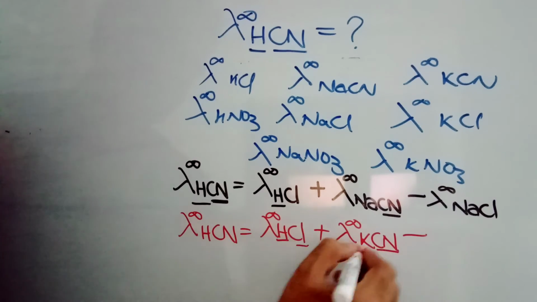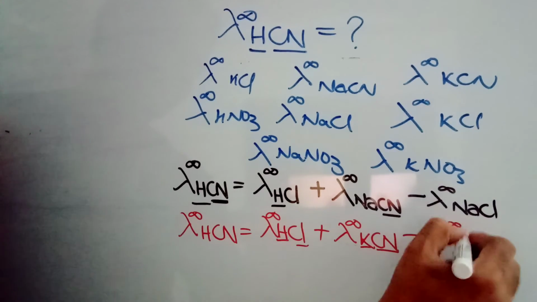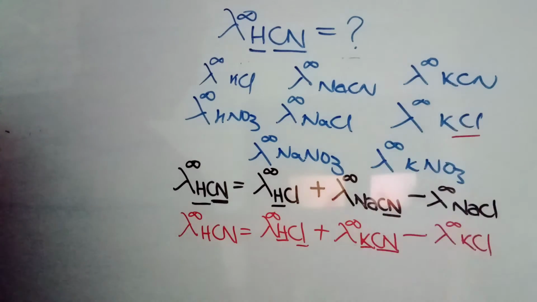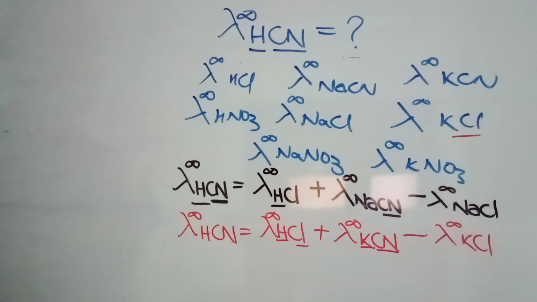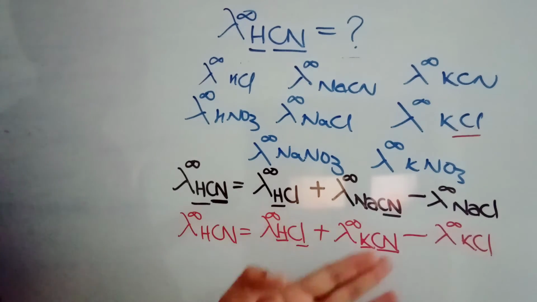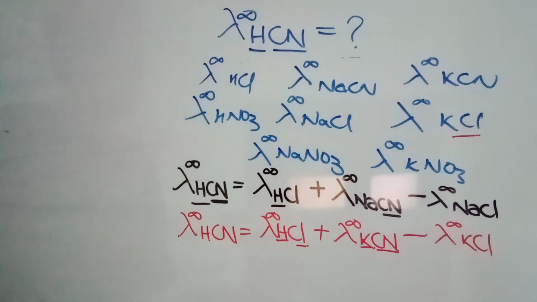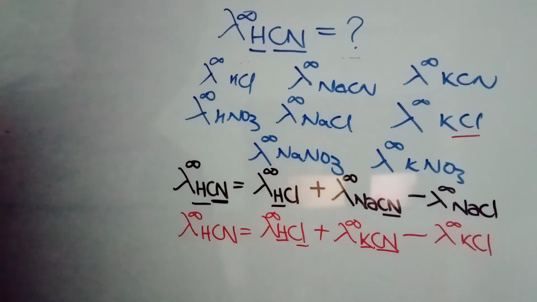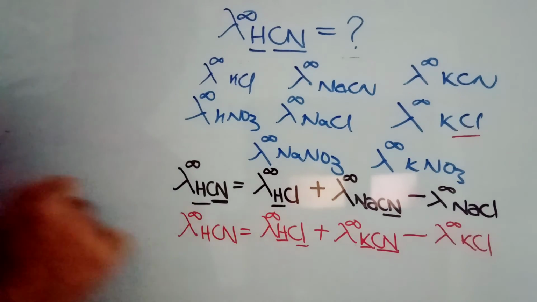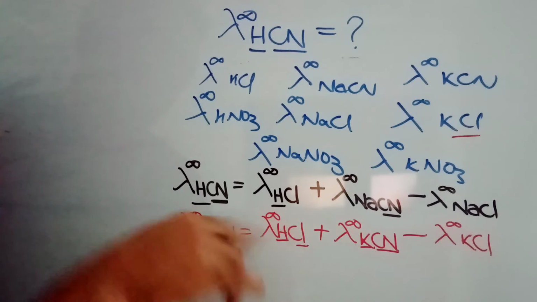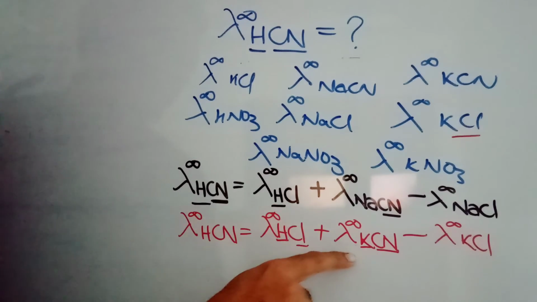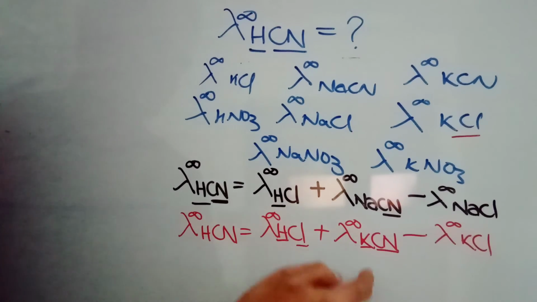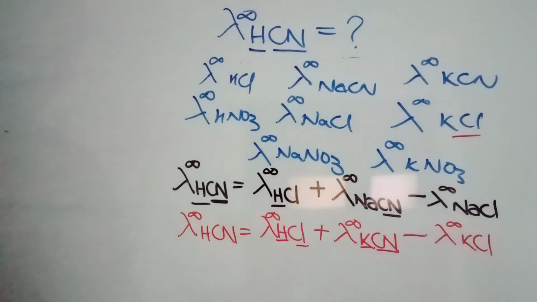HCN came, KCl is extra, and lambda infinity of KCl is also given to you. So lambda infinity of HCN is equal to lambda infinity of HCl plus KCN minus KCl. See what I am doing here: hydrogen and cyanide I am adding, K and Cl I am subtracting because I want HCN only. When you take this compound, you are taking H and Cl both. When you take this compound, you are taking K and cyanide both. But you want hydrogen and cyanide only, so the extra is KCl, which you subtract.